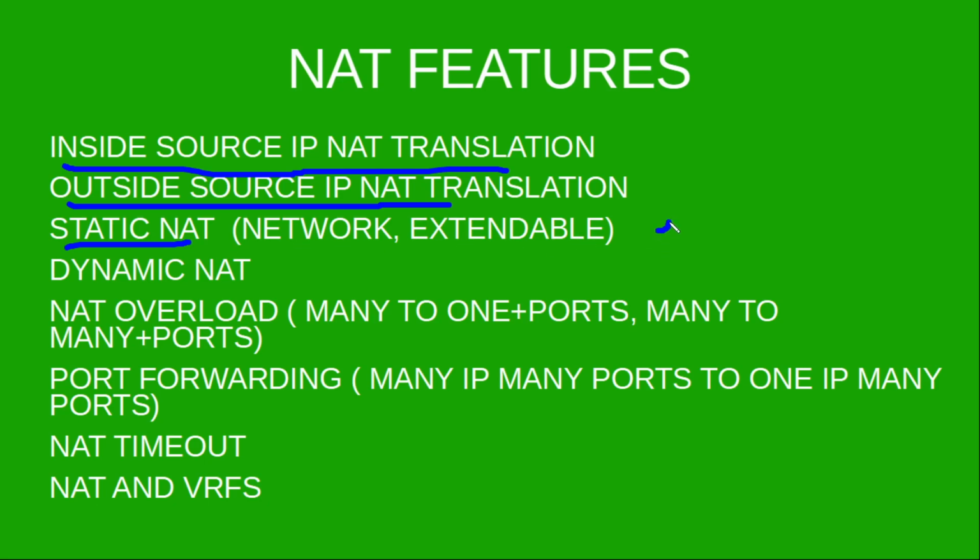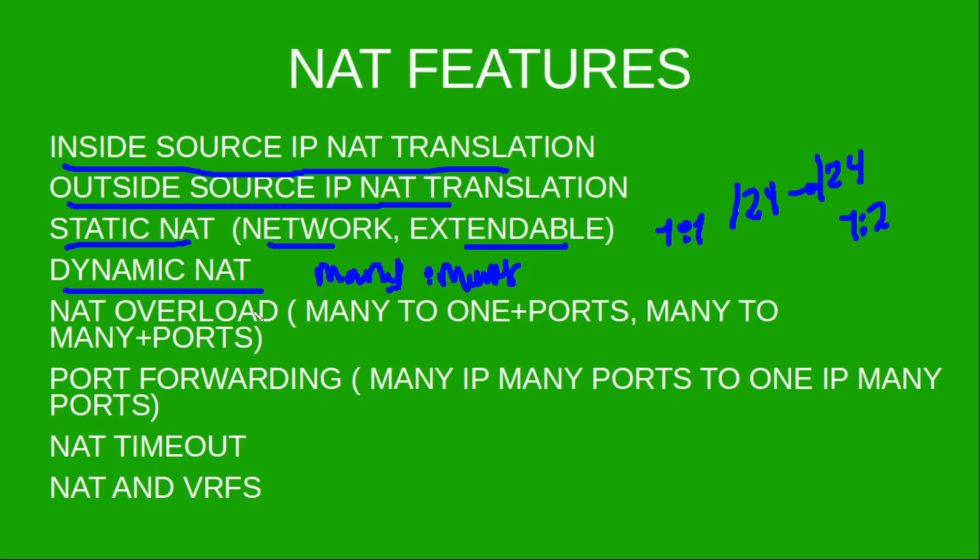Remember that static NAT is usually 1-to-1, but we can have some variations of static NAT, which is the network variation, where you can map a complete /24 set of IP addresses to another /24, or extendable, where you can map one IP address to two IP addresses, for instance. Dynamic NAT, which is many to many.